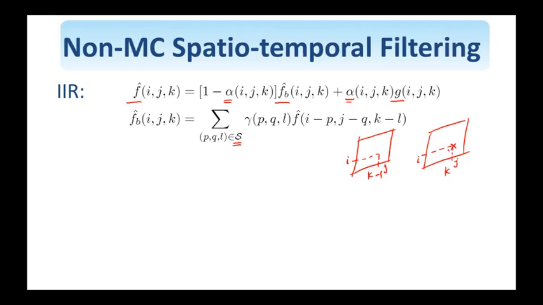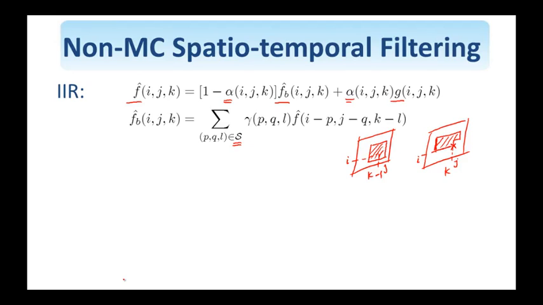I'm interested in finding the filtered value of the pixel IJ here denoted by X. So if I consider this neighborhood for the current frame, and this neighborhood for the previous frame, then this shaded region forms these two regions.